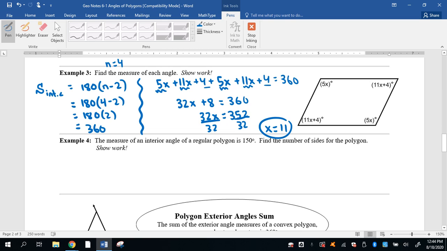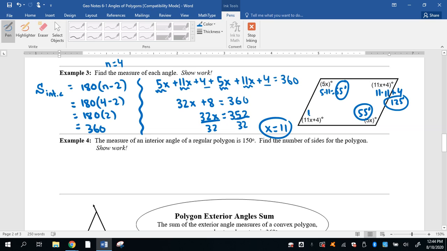What's the question? It says find the measure of each angle. So I'll replace x with 11. So 5 times 11 is 55. So this angle is 55, this angle is 55. And then 11 times 11 plus 4 is 121, plus 4 is 125.